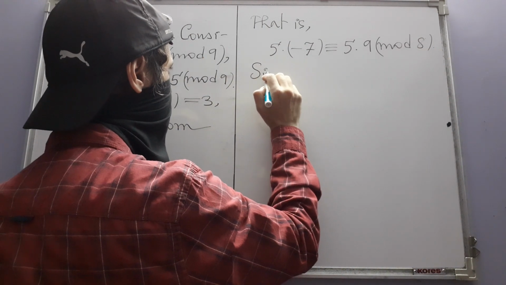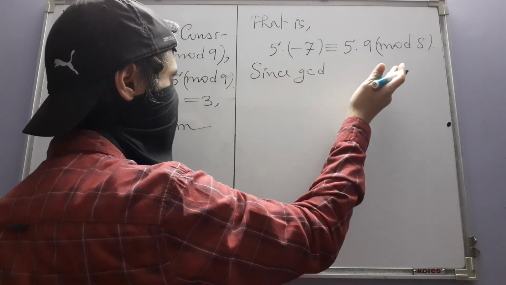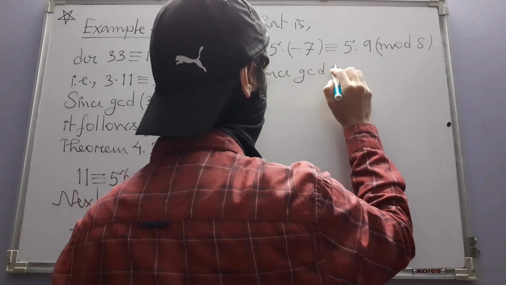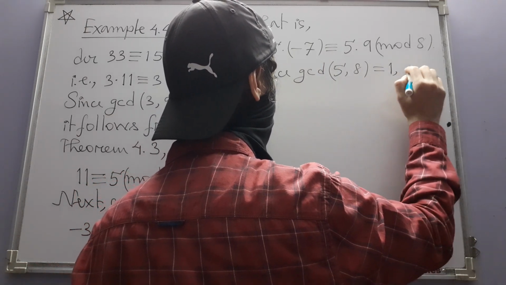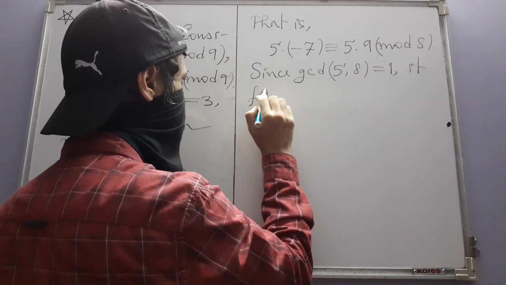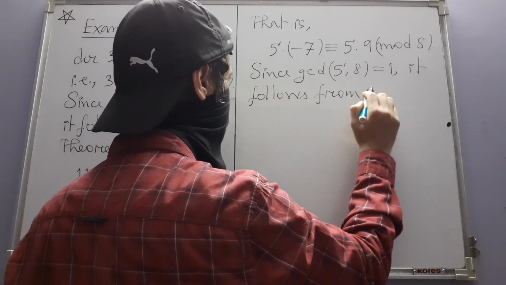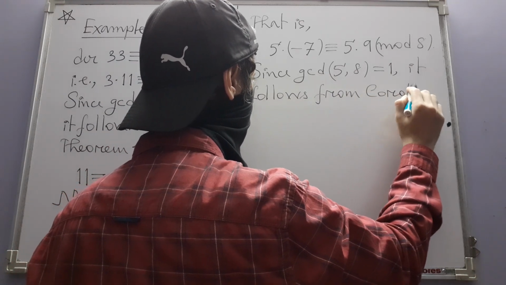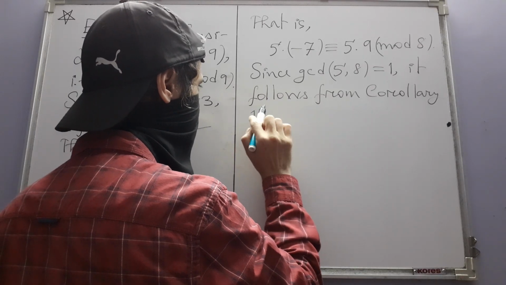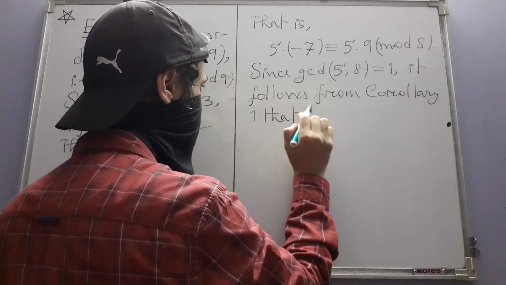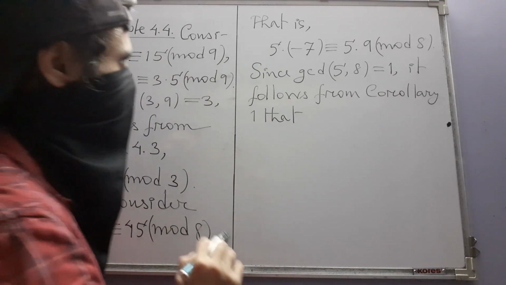Since, alright, so this time the GCD of the modulus 8 and 5 is actually 1. It follows from corollary 1 that, so we get to cancel 5 from both sides and the modulus also does not change.